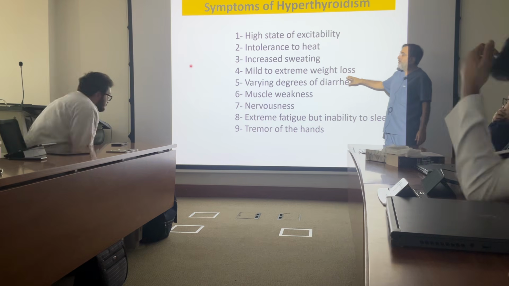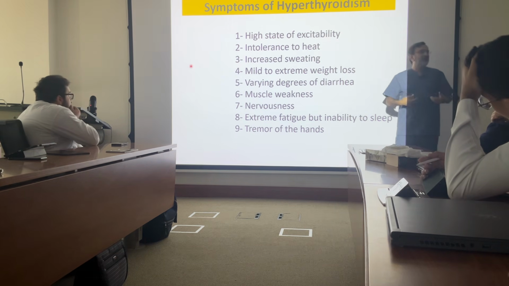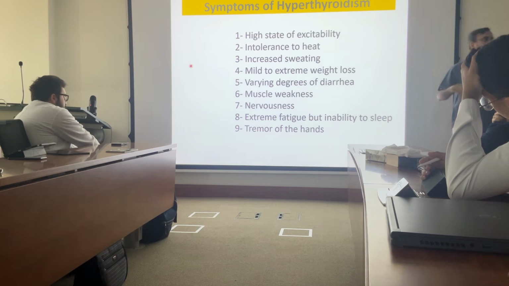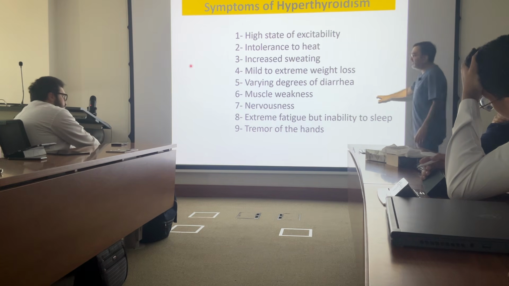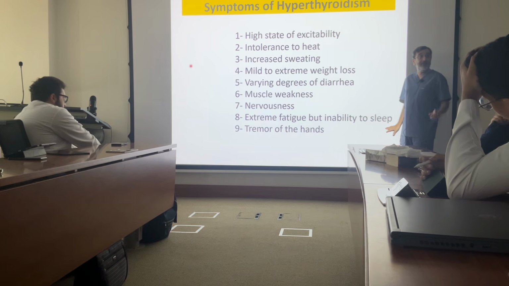Mild to extreme weight loss, varying degrees of diarrhea. The metabolic rate of all the organs has increased, so you would have diarrhea rather than constipation. Muscle weakness, extreme fatigue but inability to sleep, so they would have insomnia, and tremors in the hand.